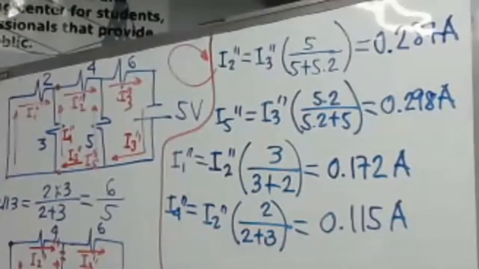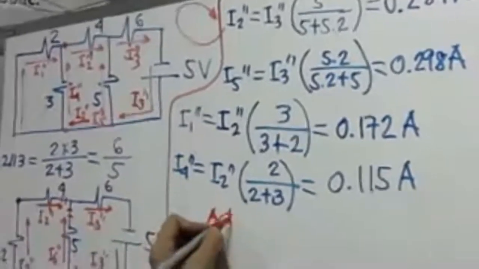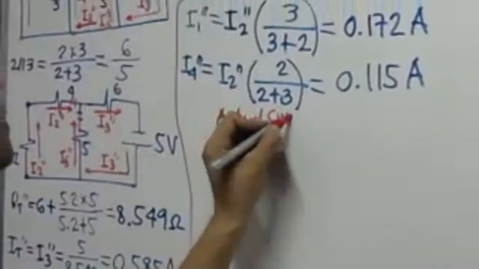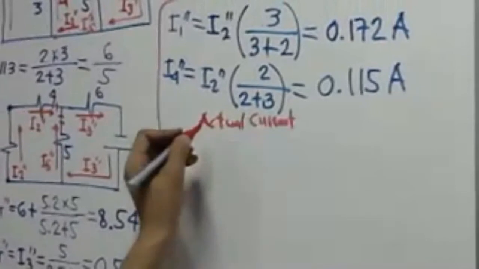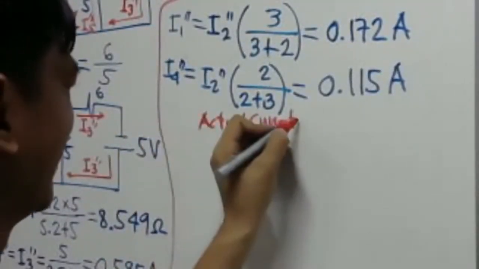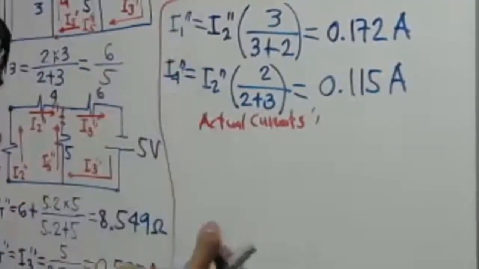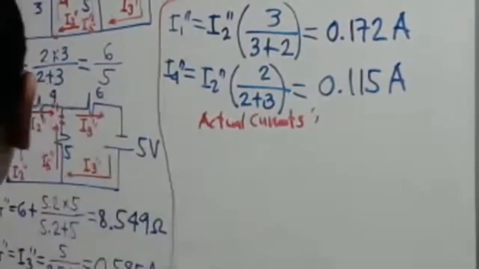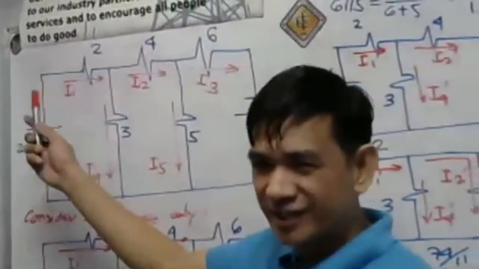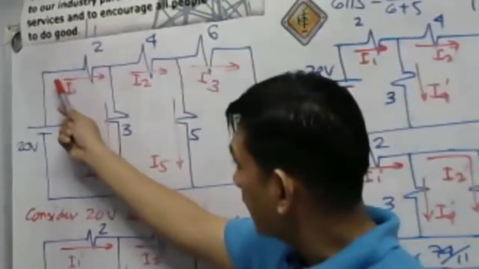We are now ready to solve for the actual current. Oh, this is it, the actual currents. So you see, this is I1 double prime. I1, okay. Where is our I1? Take a look. I1 is going to the right.